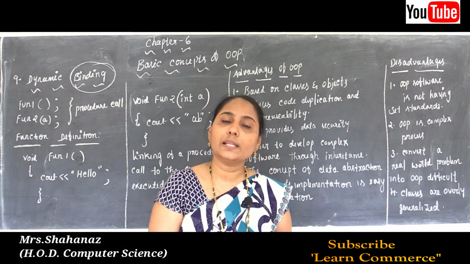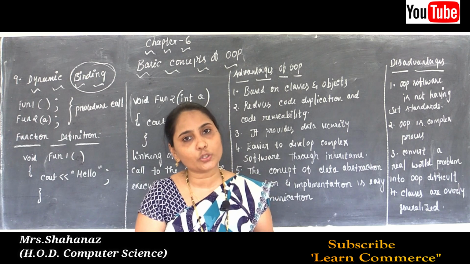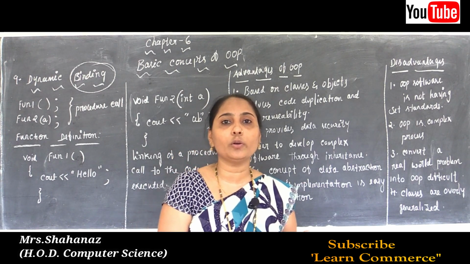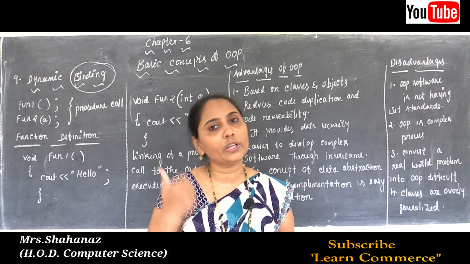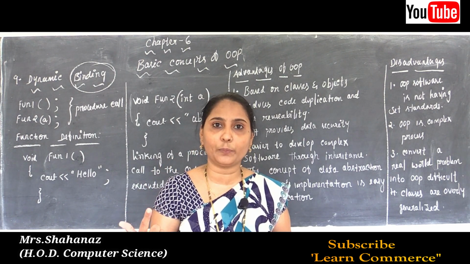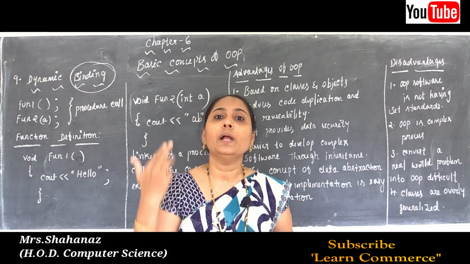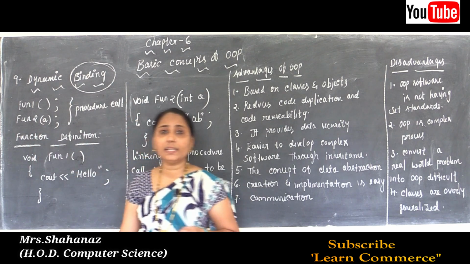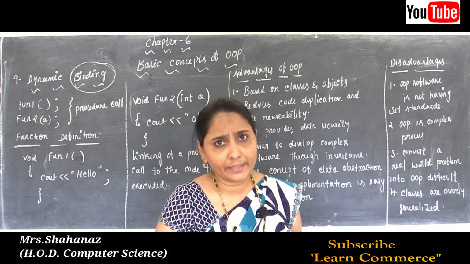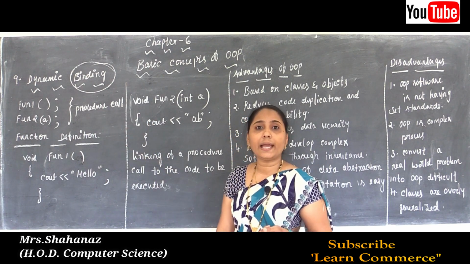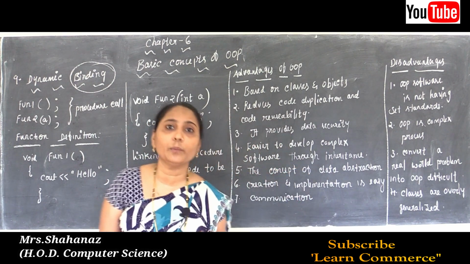This concept of inheritance is also used in object oriented programming. Otherwise, overloading, operator overloading or function overloading, can also be used while designing the program, along with polymorphism, message passing, and lastly the ninth point, dynamic binding. So we have completed the characteristics of object oriented programming.